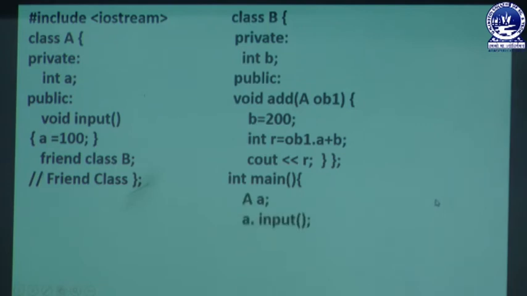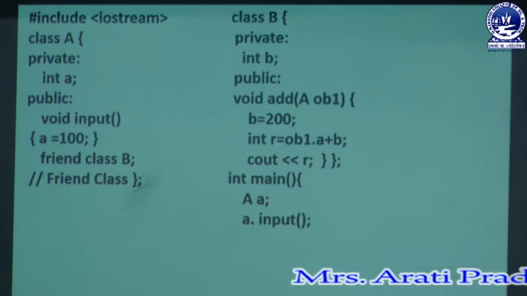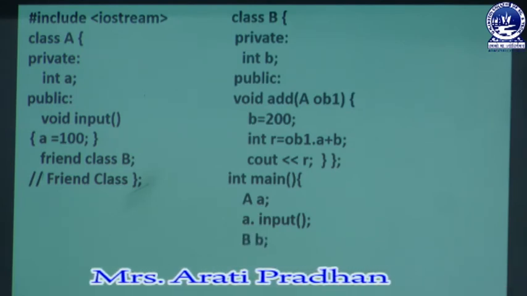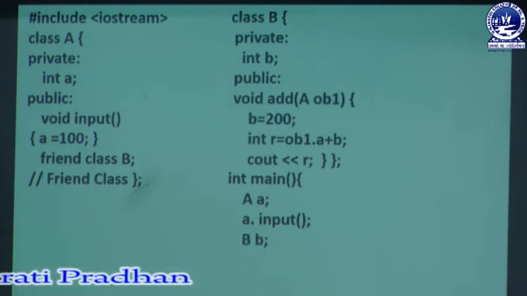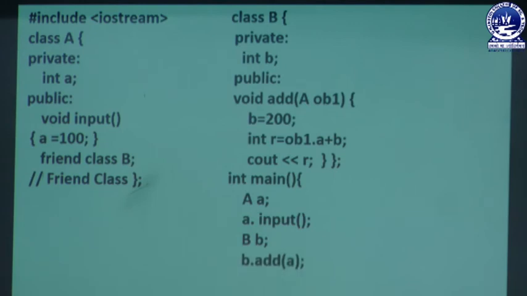In the int main method, I have used one object of class A, that is A, then A dot input. When we call A dot input, the value of A is initialized with 100. Then B is the object, then B dot add(A).